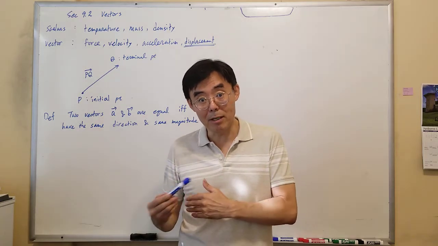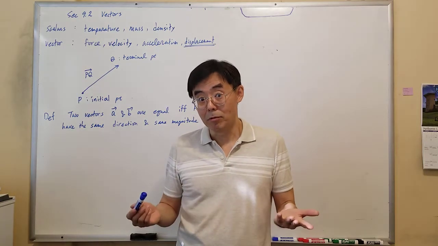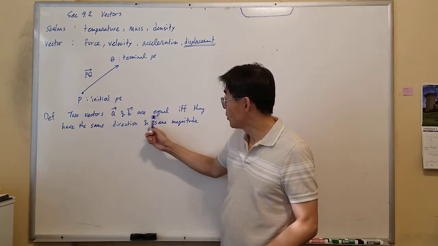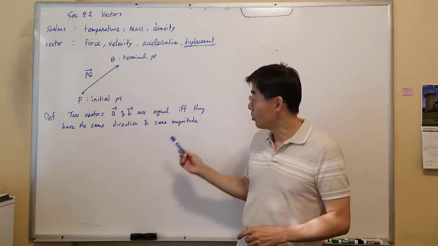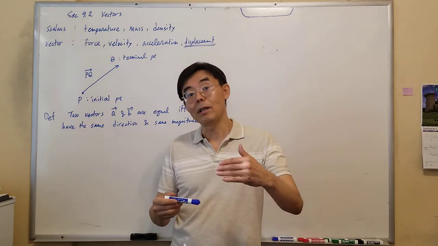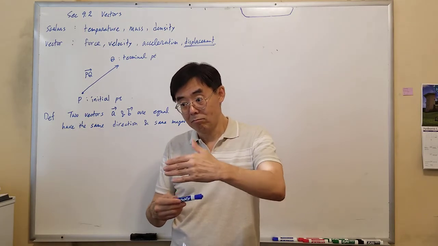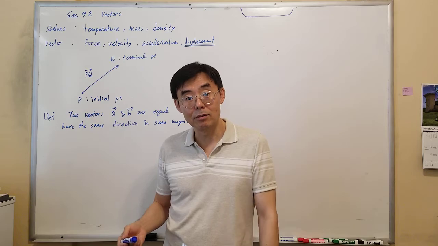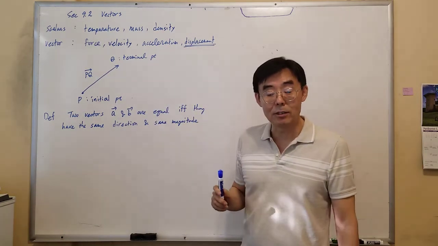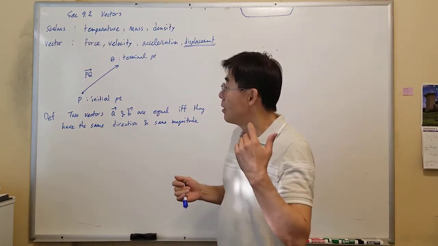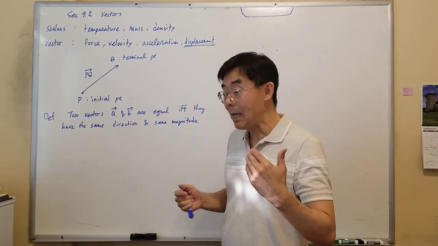Same magnitude, 10 miles per hour, right? Two vectors are equal as long as they have the same direction and same magnitude, even if those two vectors are describing situations in different locations. So it is not important where you draw the vectors, as long as your vectors have the same direction and same size.